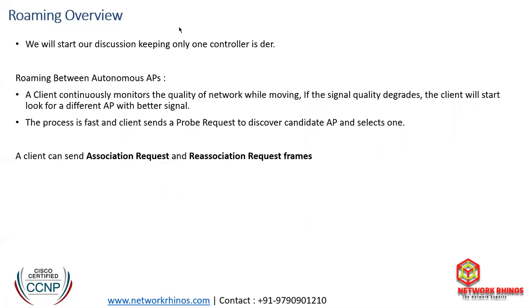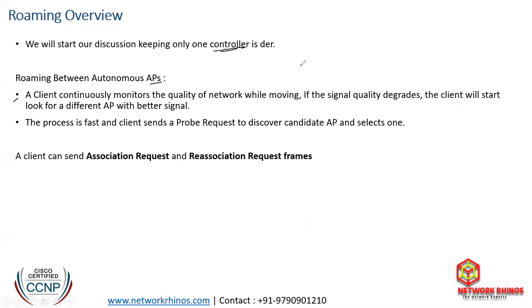So let's think as if my clients are associated with a single controller and they are just moving or roaming between two autonomous APs or two lightweight APs. See what happens: the client, nothing but my laptop, will keep an eye on the quality of the network when it moves from one end to the other end.